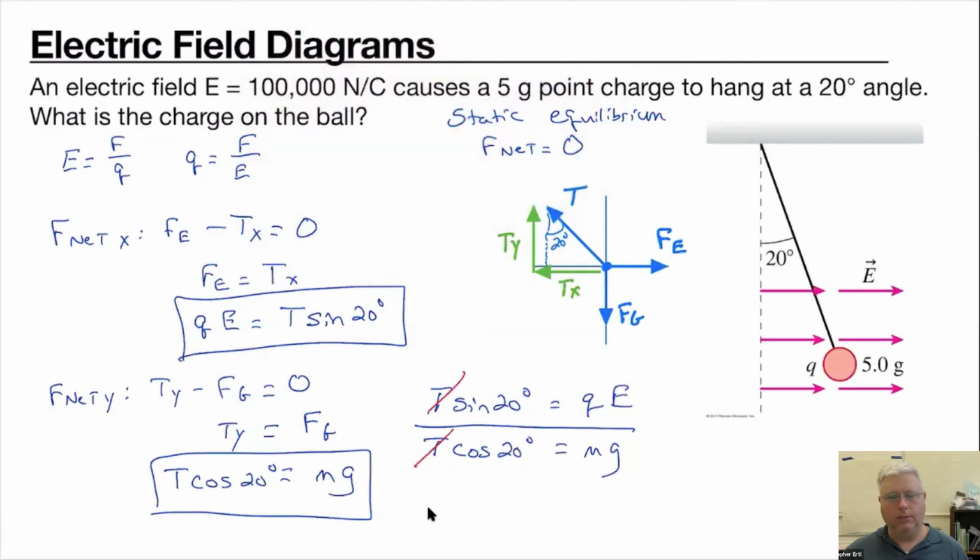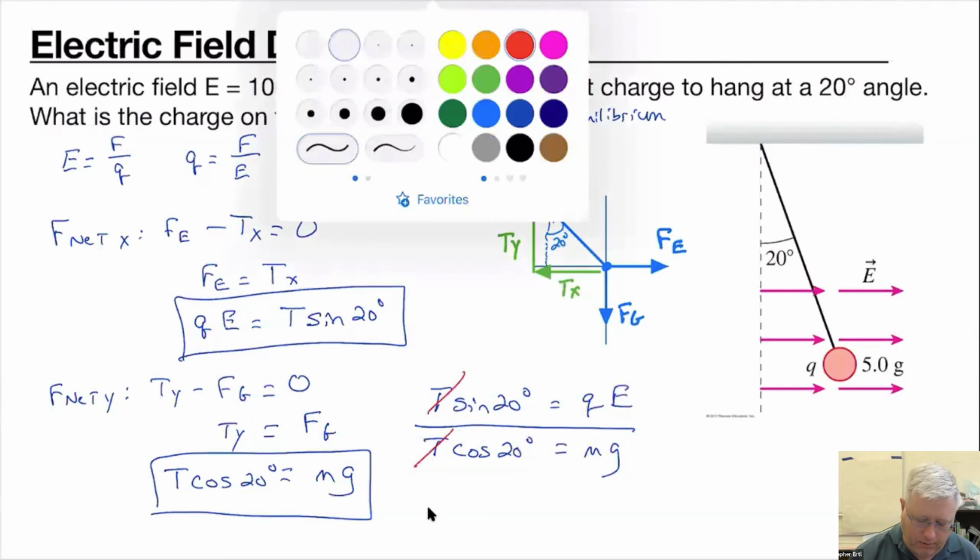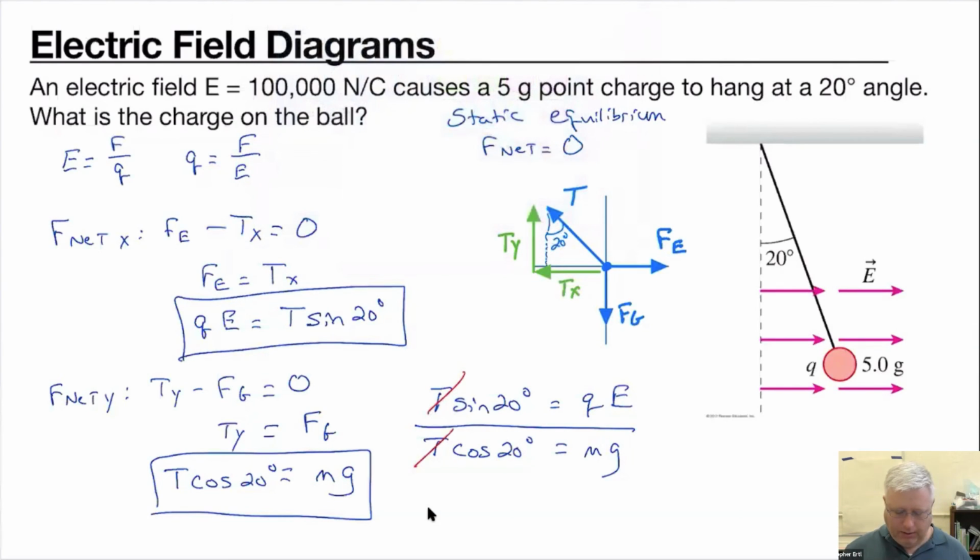It's essentially doing the same thing as substituting, solving for T and putting it in the other one, but this is another way you could do it if you want. And then we know that sine 20 degrees over cosine 20 degrees, sine over cosine, is tangent. And that equals Q times E over mg.